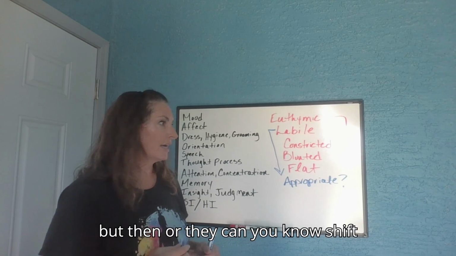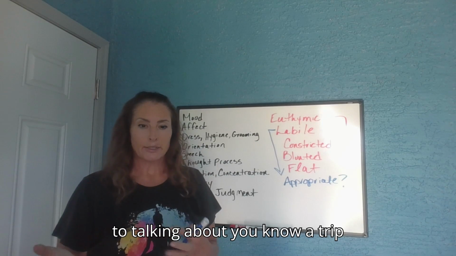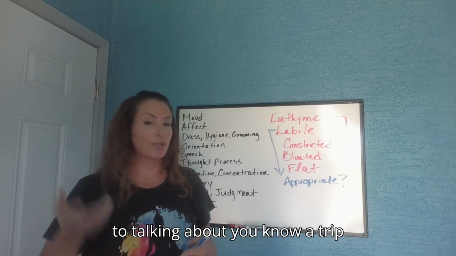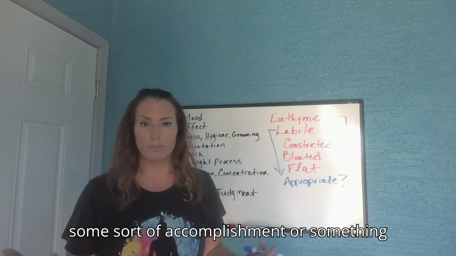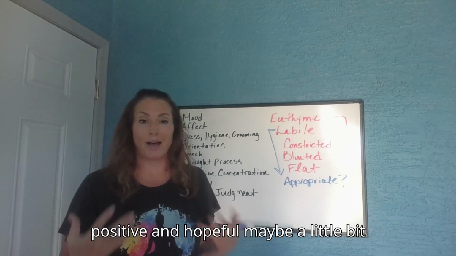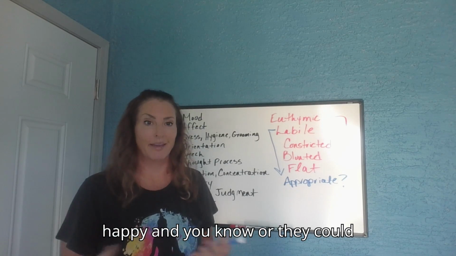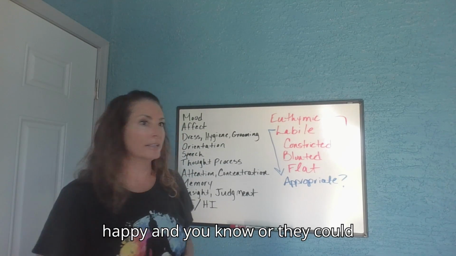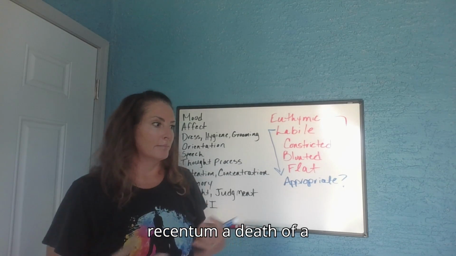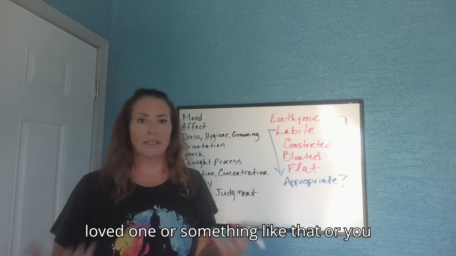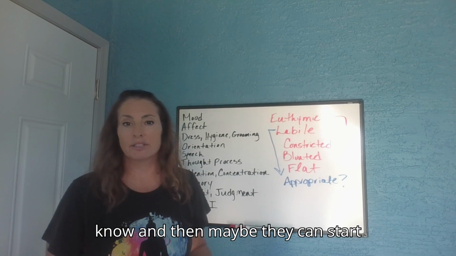Or they can shift to talking about a trip coming up, or some sort of accomplishment, and they can be a little bit more positive and hopeful, maybe a little bit happy. Or they could start talking about the recent death of a loved one, and then maybe start crying.